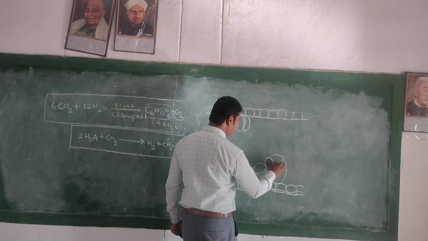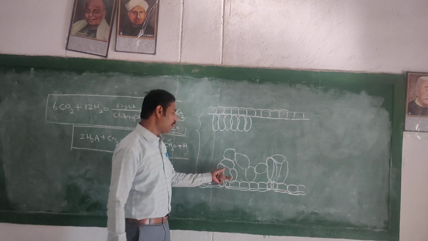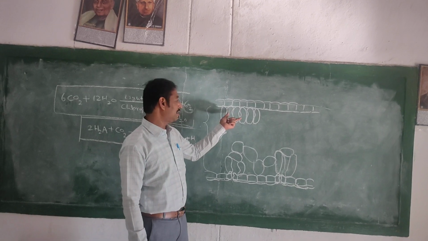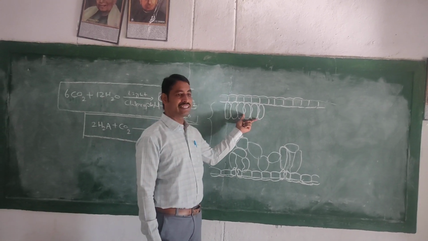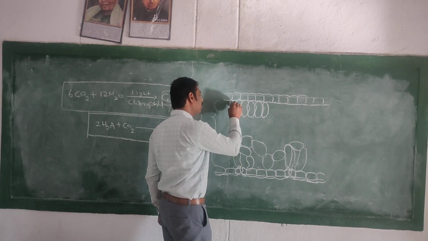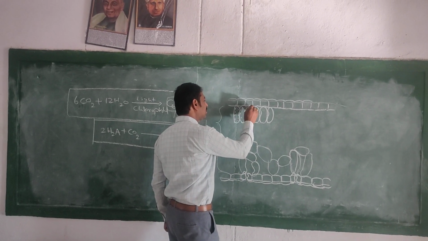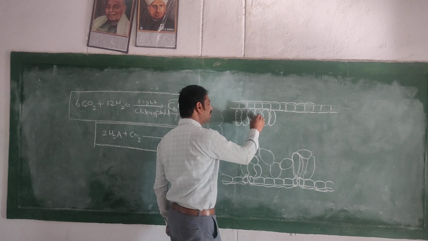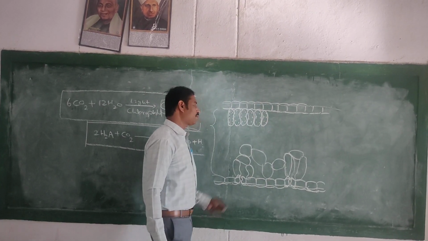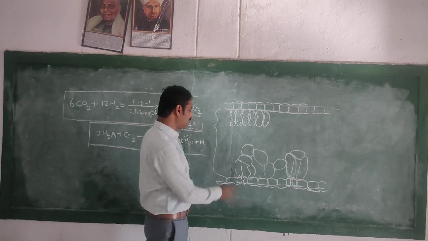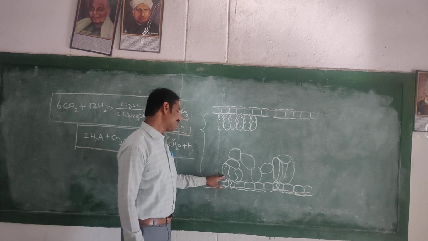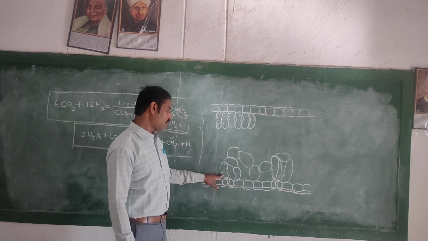So two types of chlorenchymal tissue are present. One is spongy parenchyma on the lower side of the leaf, and on the upper side is palisade parenchyma, which has more chloroplasts. Less chloroplasts are present in spongy parenchyma.